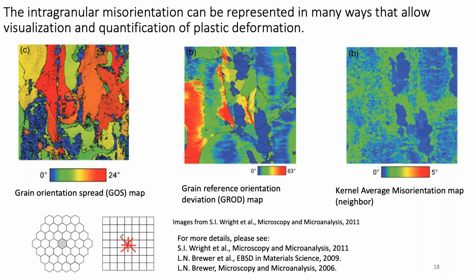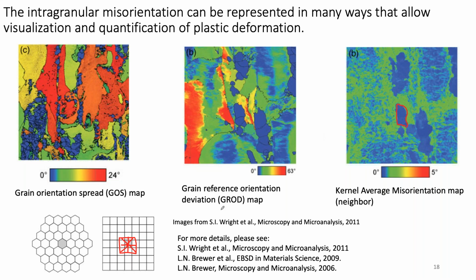But the general idea is that I take the average misorientation amongst the center pixel and its neighbors, and I assign that value to the center pixel. Locally, regions that have high misorientation will show up. You can see these green areas. It's nice at showing networks of geometrically necessary dislocations. And areas that don't have any local deformation show up very nicely as well.